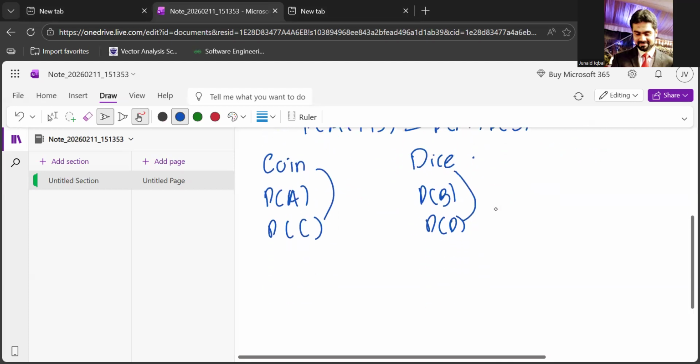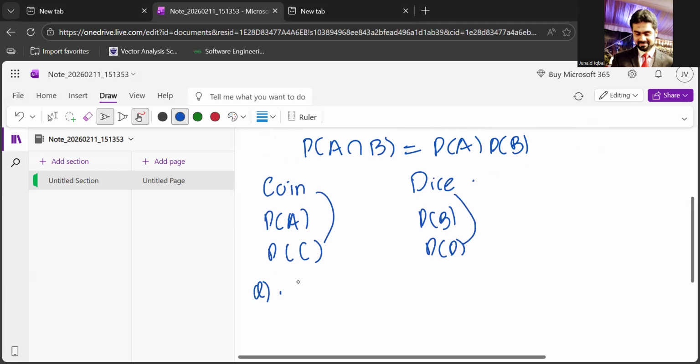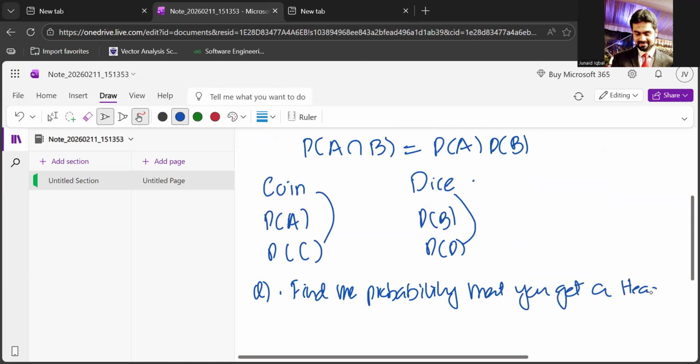Let's say they're asking you to find the probability that you get a head in the coin and you get, let's say, 4 in the dice.